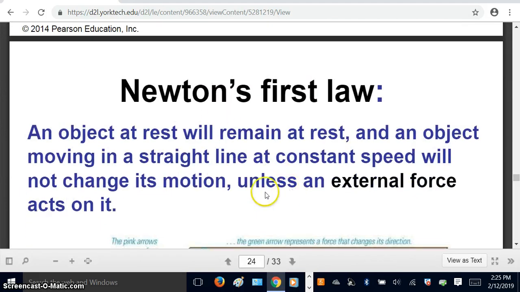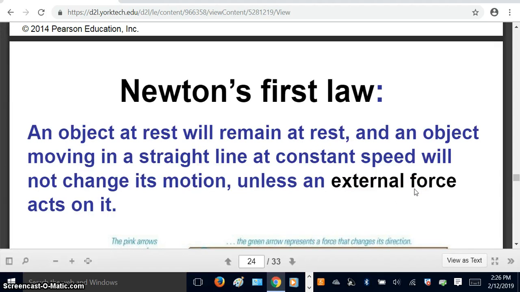So the first law, you've probably seen it before. Objects at rest will tend to stay at rest. Objects in motion will tend to stay in motion in a straight line with a constant speed. So the thing is, if an object changes from a straight line, so if it curves, or if the speed changes, you need a force to do that.